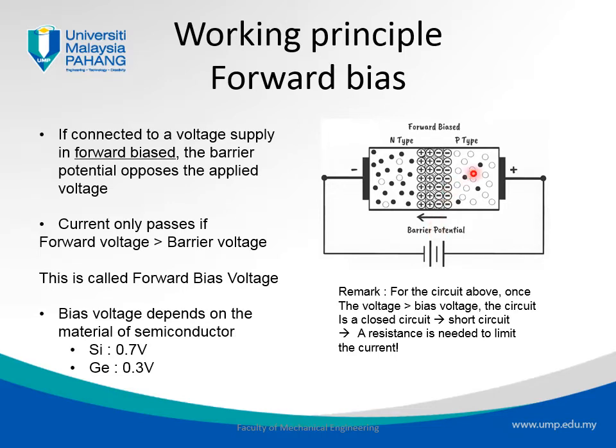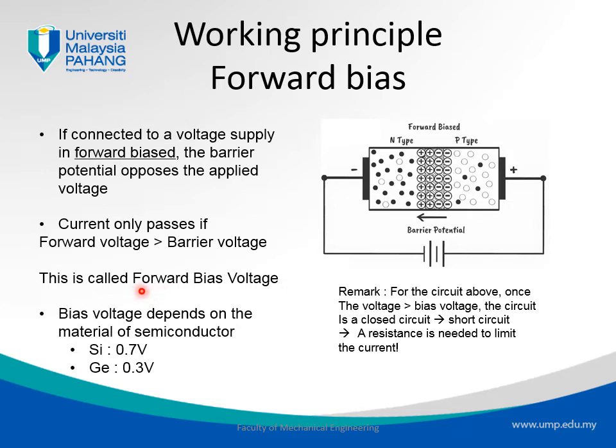The current can only pass the barrier if the voltage that we supply to the diode is larger than the barrier voltage. So this voltage that we need to overcome is what we call a forward bias voltage. A diode has a forward bias voltage.